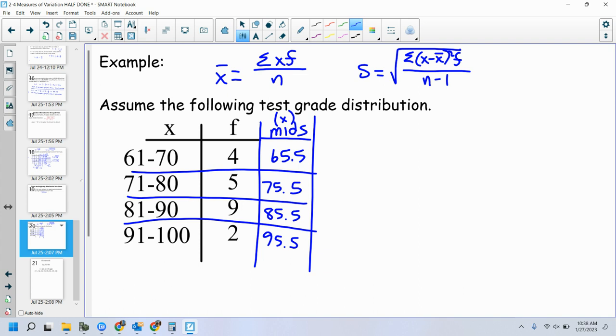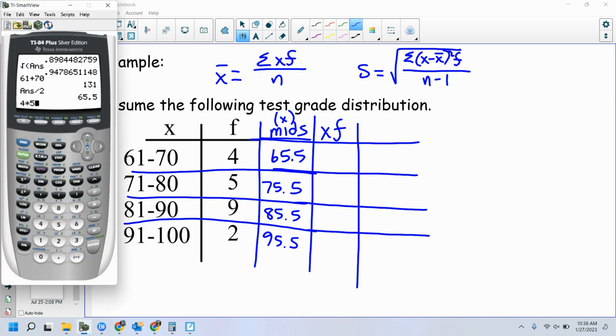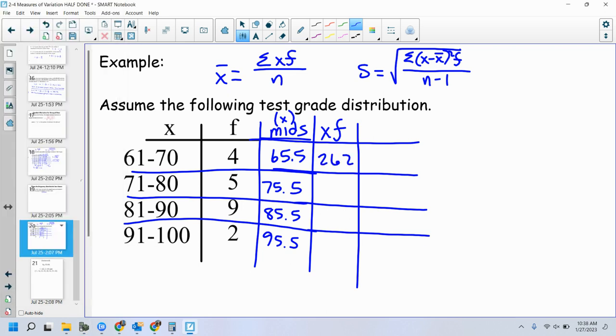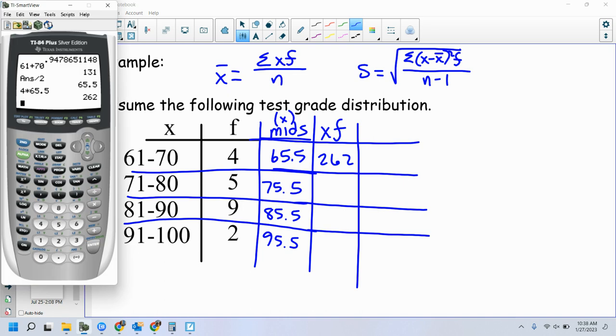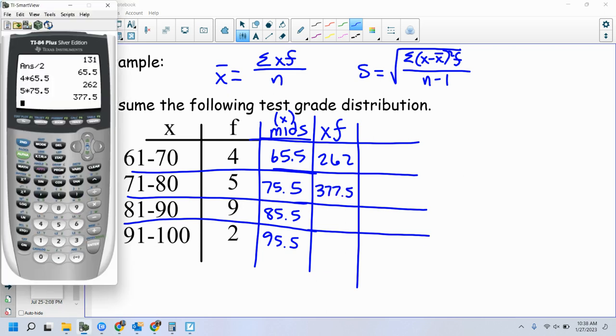So to find our mean, I'm going to find the XFs. 4 times 65.5 gets us 262. 5 times 75.5 gets us 377.5. 9, we're in the 85 range, 769.5.